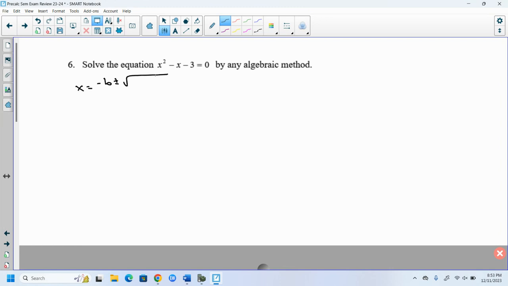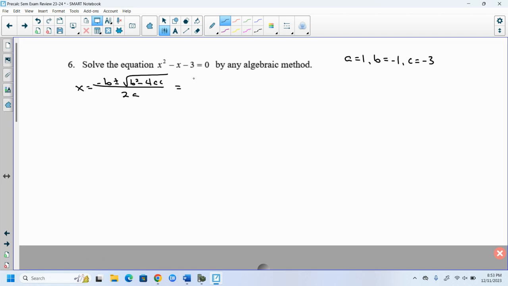Negative b plus or minus square root b squared minus 4ac all over 2a. So a is 1, b is negative 1, c is negative 3.